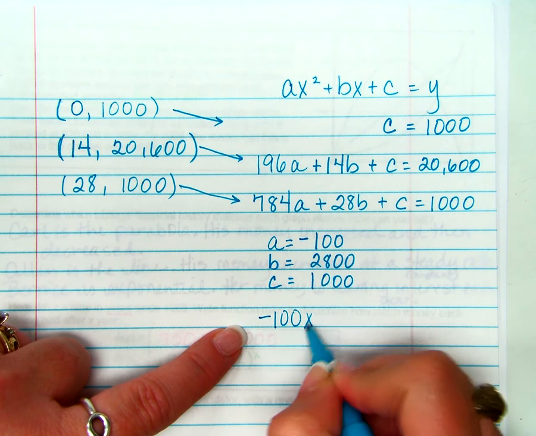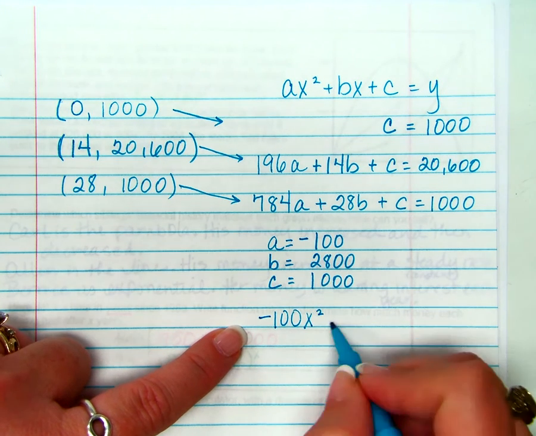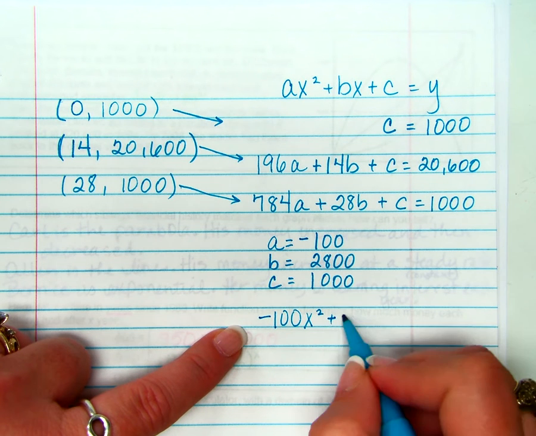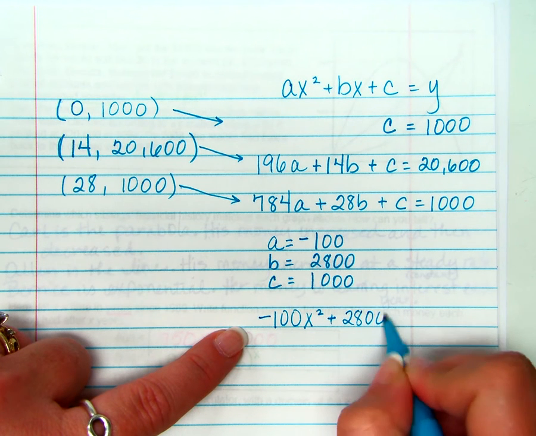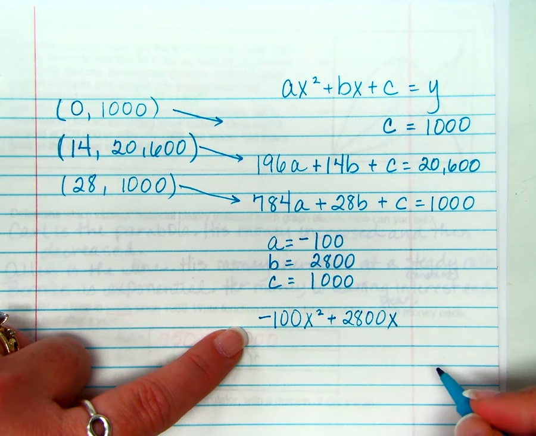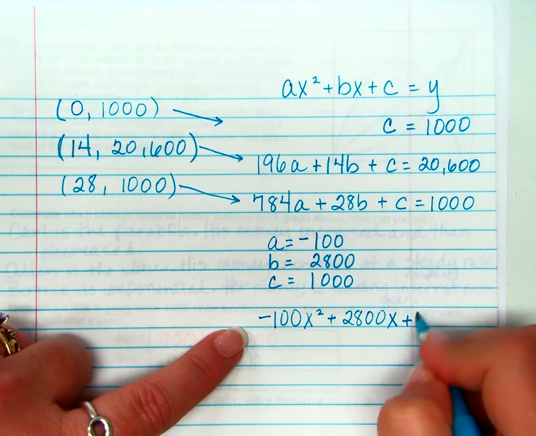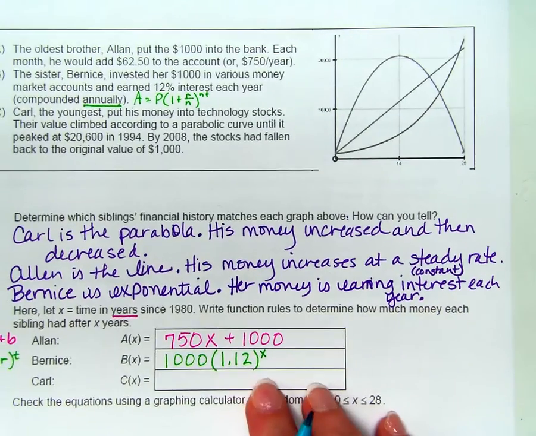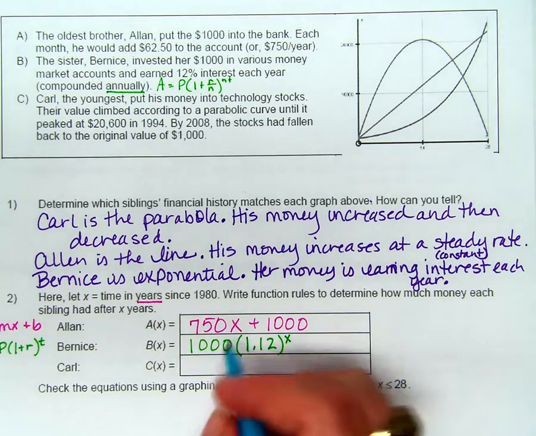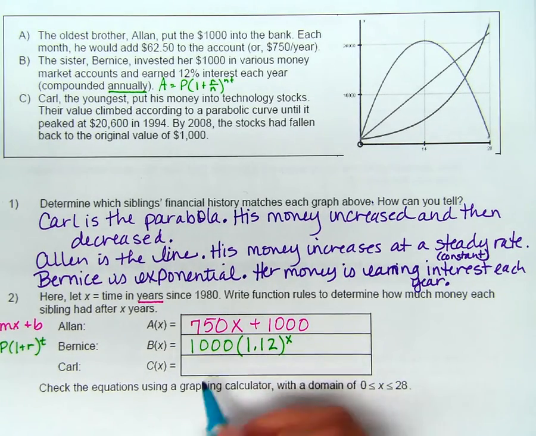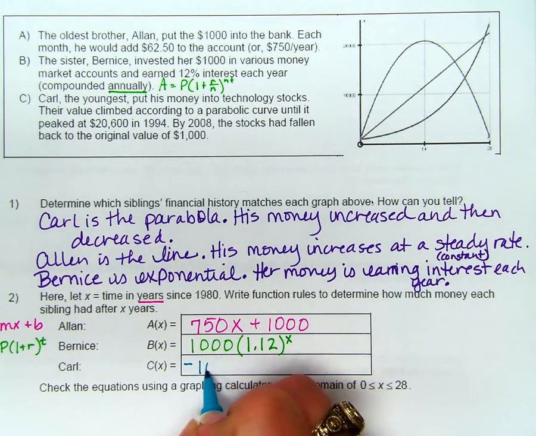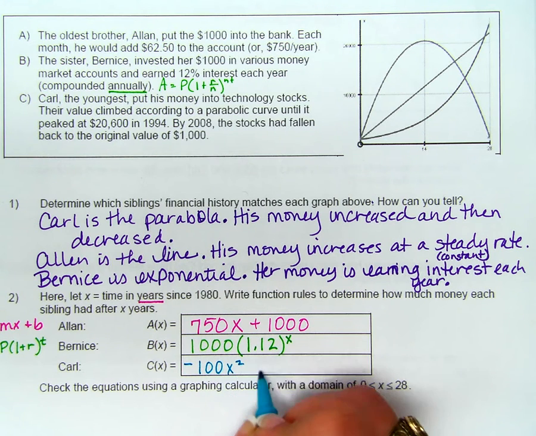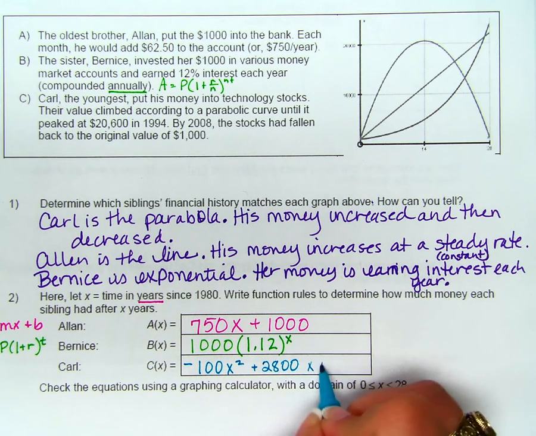Negative 100x squared plus 2,800x plus 1,000. Perfect. Now, hopefully you wrote that in your spot on your worksheet. I just wrote it on the work that we had to begin with so that I would have it. I'm going to transfer it to my worksheet, making sure I don't put too many zeros.